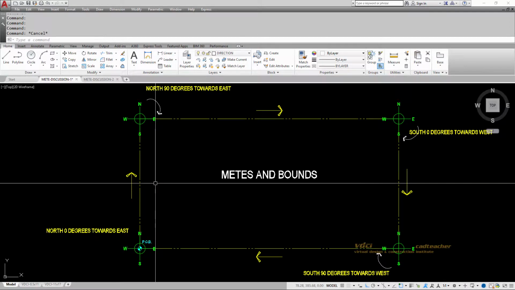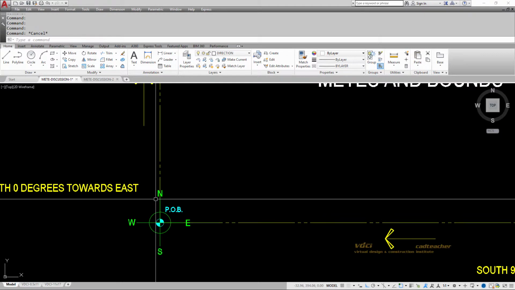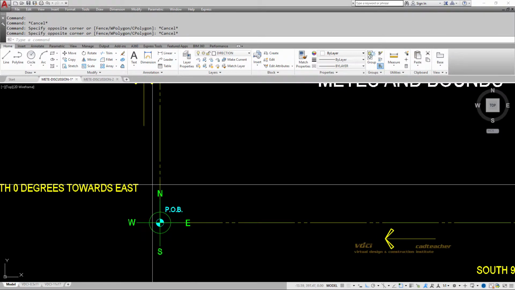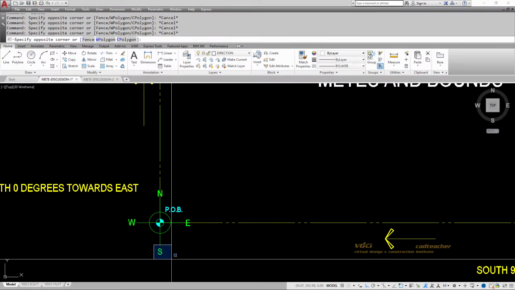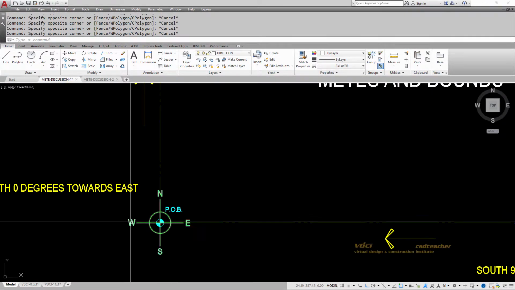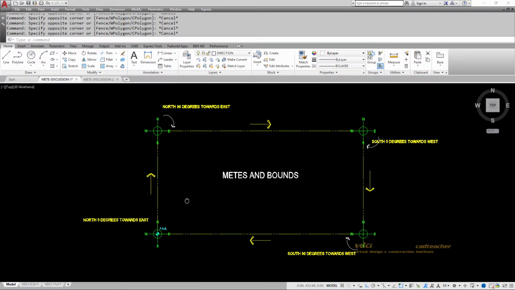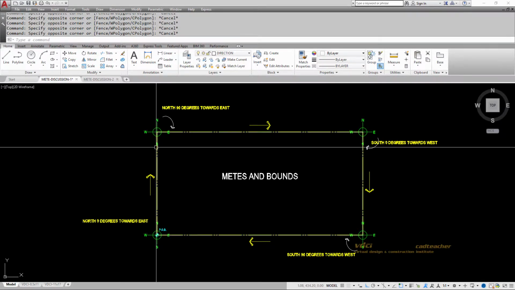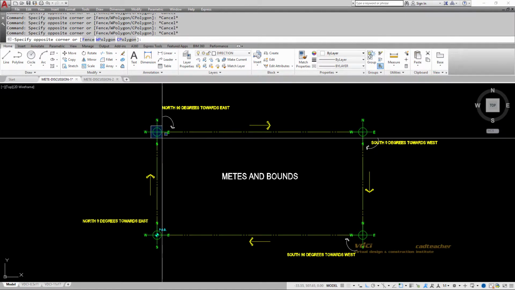Because typically, when engineers are doing their work, they're saying north so many degrees towards east, north so many degrees towards west, or south so many degrees towards east, or south so many degrees towards west. So in this example, we're going from the point of beginning north 0 degrees towards east, and that will get us to this point.